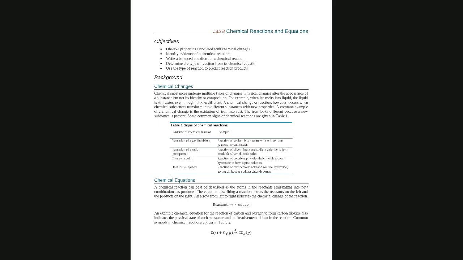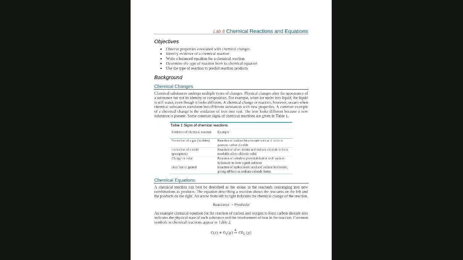This is the page that describes the experiment when you click on the left. This week we have chemical reactions and equations. The objectives we already went over are basically observations. That's why you are given a video. We will observe together at the last part of the workshop when I explain how to complete the report.